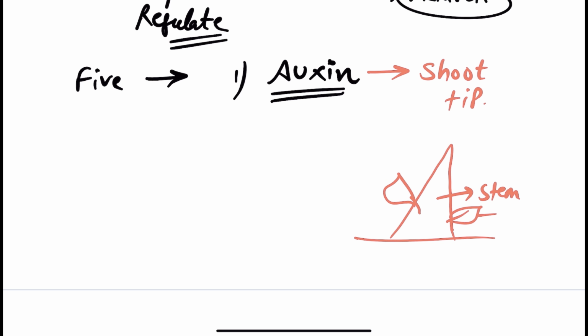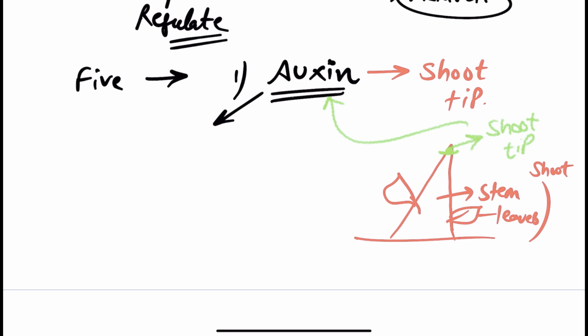The leaves and stem together are known as the shoot. And right over here you are able to see the shoot tip. So this shoot tip forms which hormone? Auxin hormone.